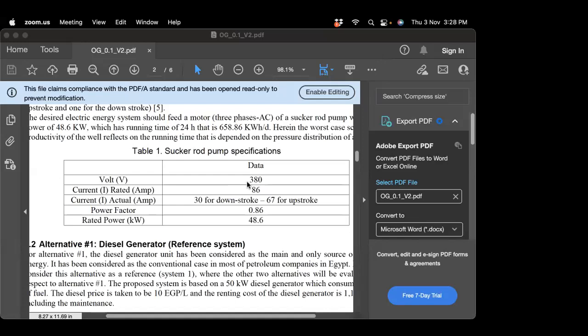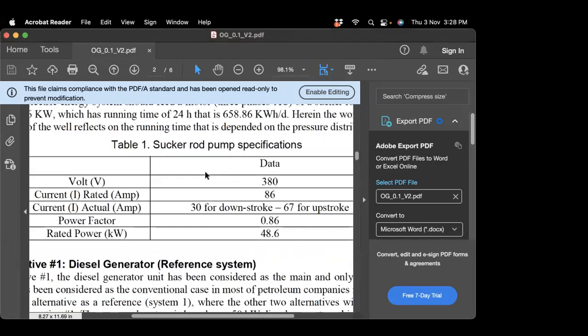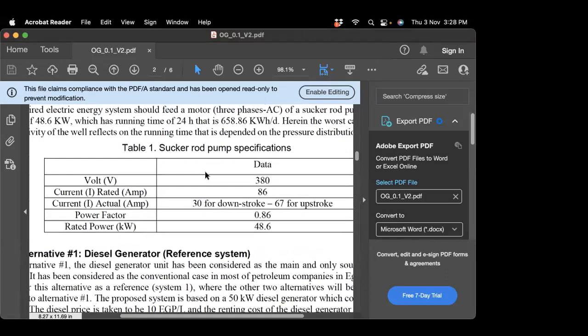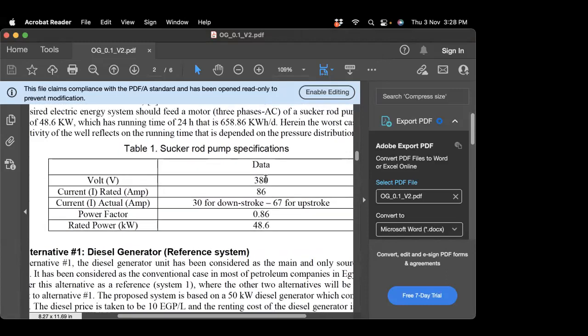As you can see from this table, my dear students, these are the specs for our sucker rod pump. It seems to be a 3-phase pump with 380 voltage. It has a rated current of 86 ampere. However, it does not work at the rated current.